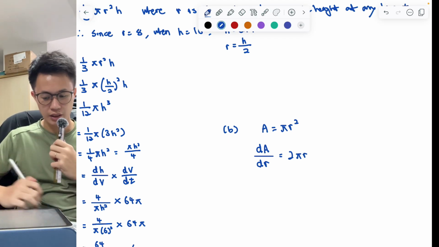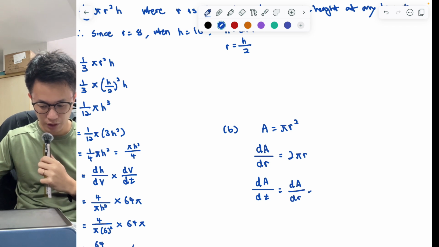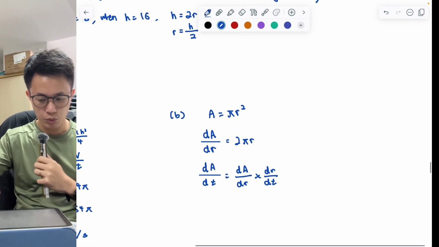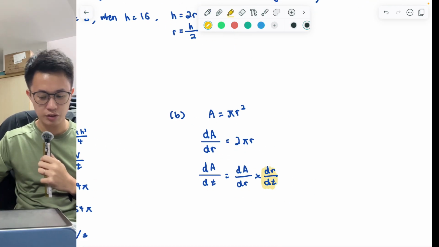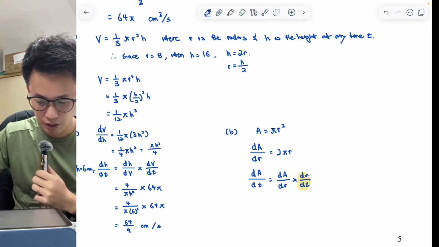Why do we need dA over dr? Because later, if we want to find dA over dt, we want dA over dr times dr over dt. So we need to figure out what dr over dt is.